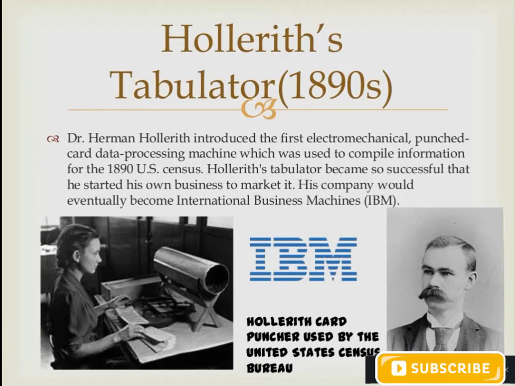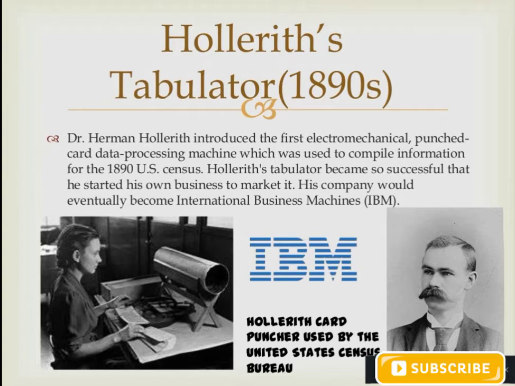Next is the Hollerith Tabulator. It was introduced in the 1890s. Dr. Herman Hollerith introduced the first electromechanical punched card data processing machine, which was used to compile information for the 1890 US Census.